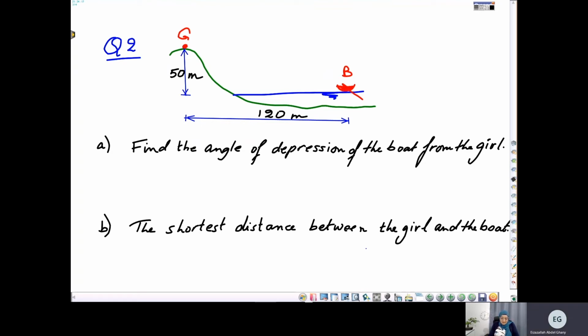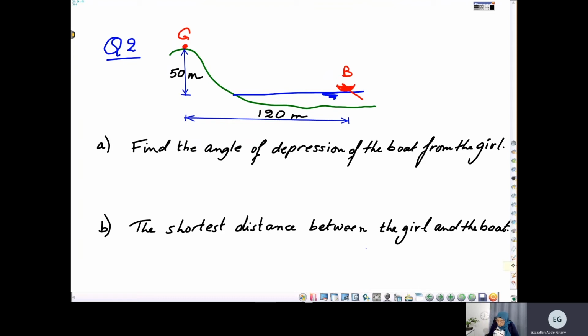If the girl is at a height of 50 meters above B and at a horizontal distance of 120 meters away from B, calculate the angle of depression of the boat from the girl. And calculate the shortest distance between the girl and the boat.